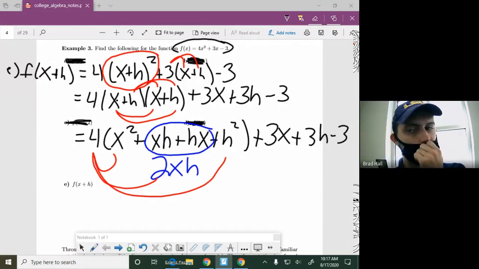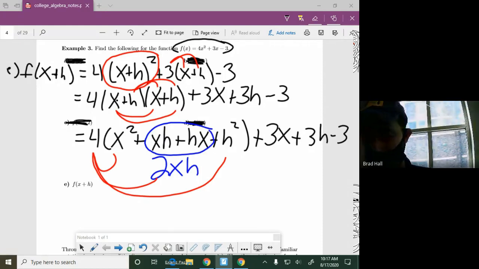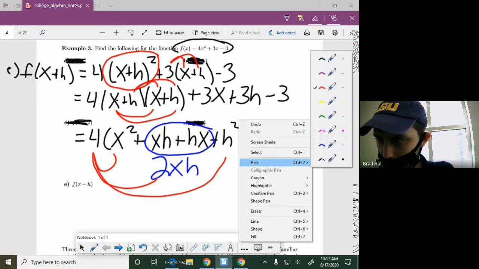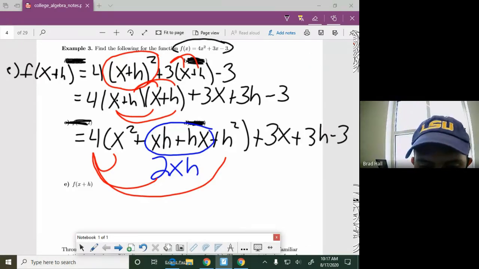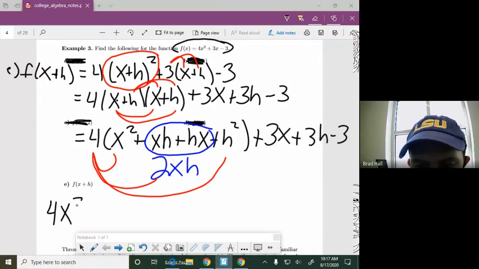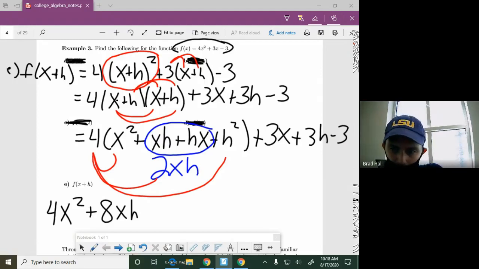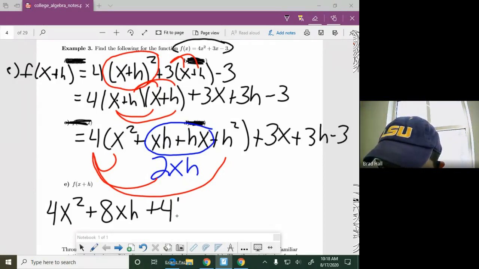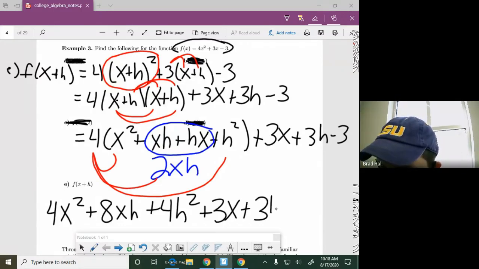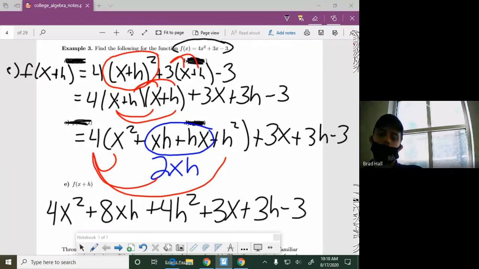After we do that, we're going to be done, because after that, there's going to be no more like terms. So 4 times x squared is 4x squared. 4 times 2xh, well, 4 times 2 is 8xh. And then 4 times h squared is 4h squared, plus 3x plus 3h minus 3. And that is your answer.